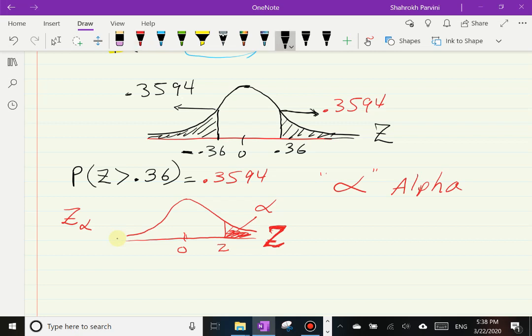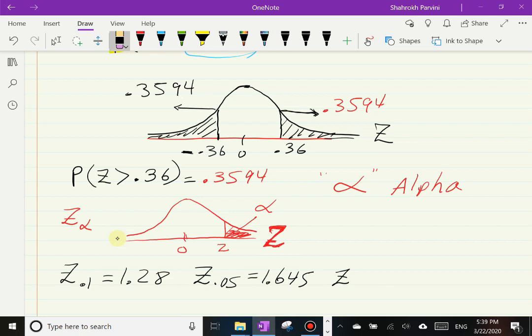Now, here's what we're going to write down. We're going to say z of 0.1 is 1.28. We're doing that exercise now. A z of 0.05, we're going to go 1.645. A z of 0.025, there you go.